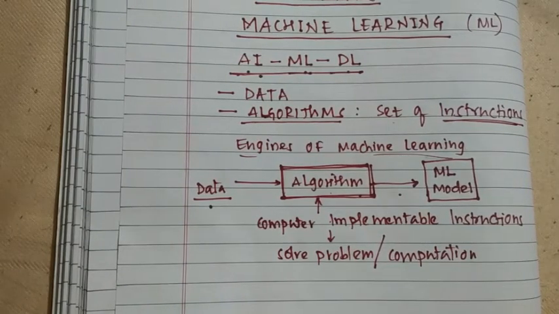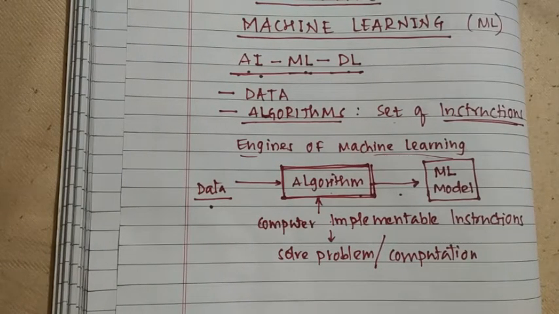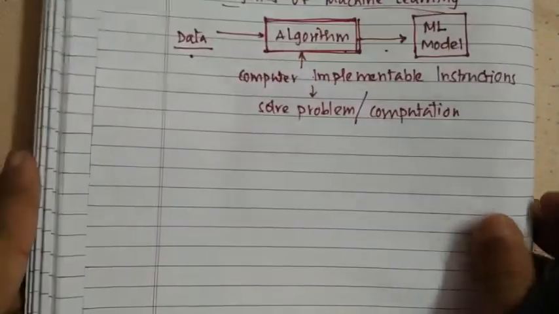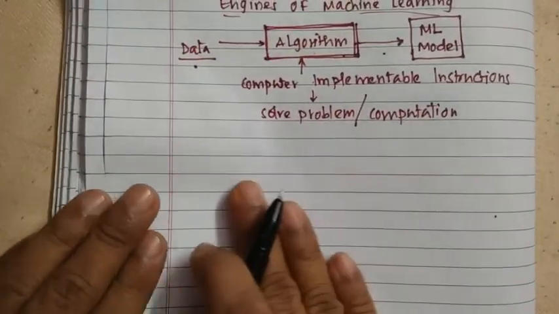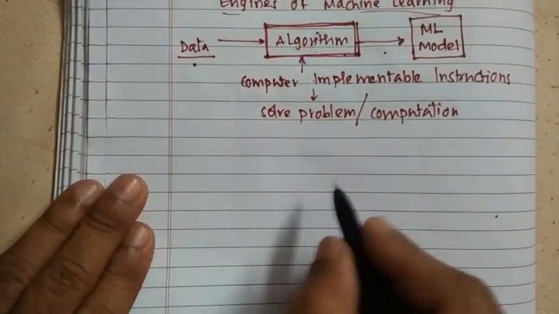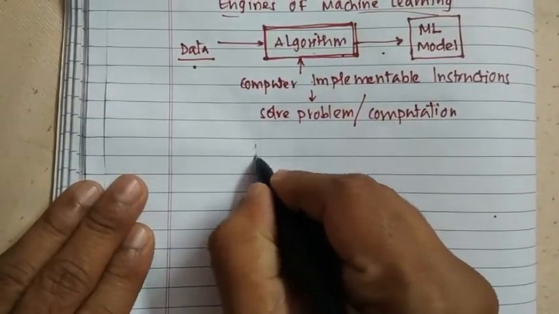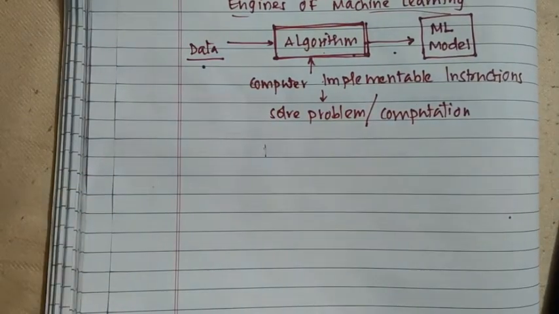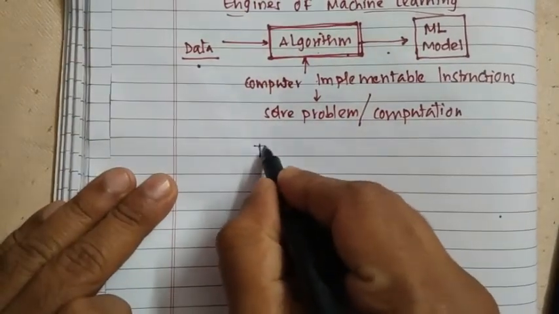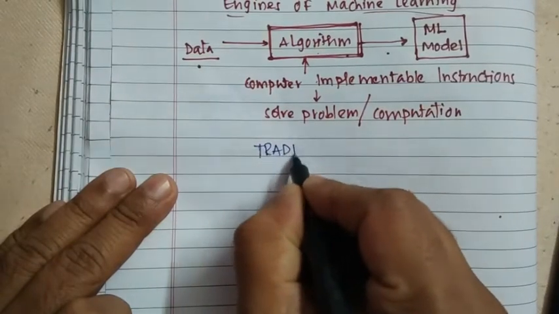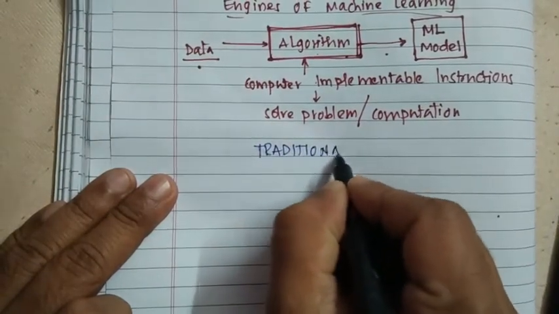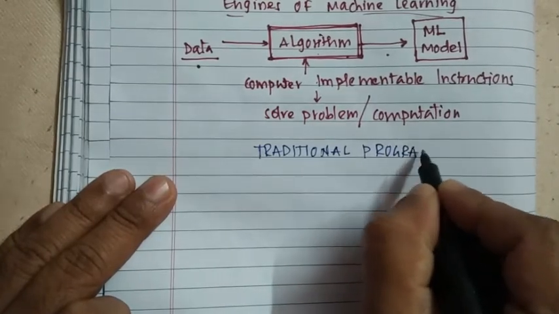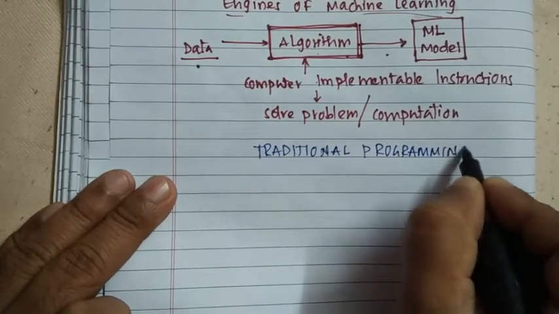This is the one part. Second, we will see how traditional programming and machine learning, these two concepts, differ.